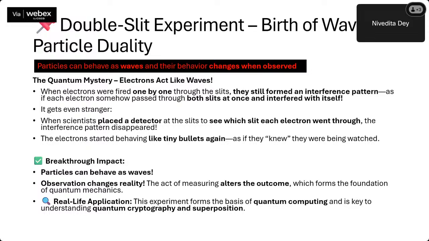So this introduces wave-particle duality, the quantum mystery: electrons act like waves as well, and particles can behave as waves. And observation changes reality. The act of measuring alters the outcome, which forms the foundation of quantum mechanics.